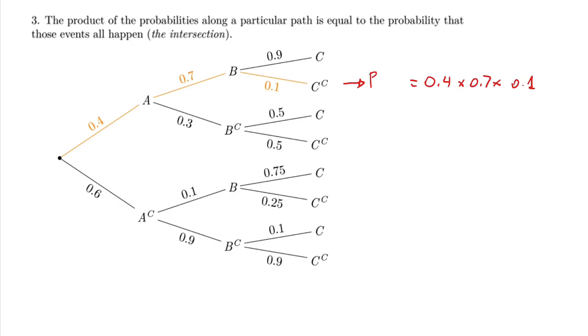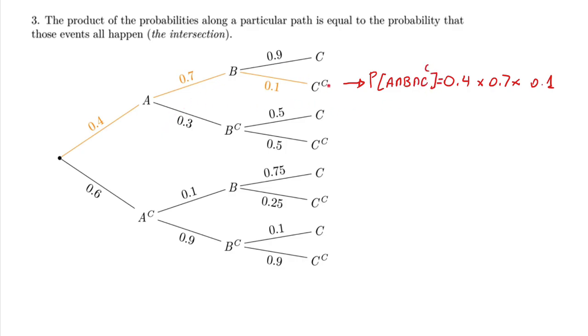So the final value of this will be the probability of A happening and B happening and C not happening, right?